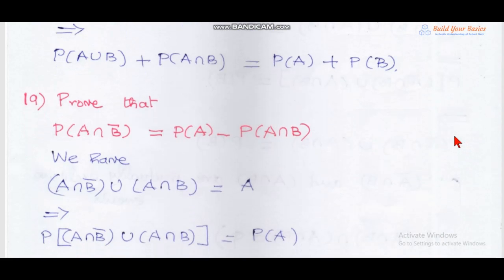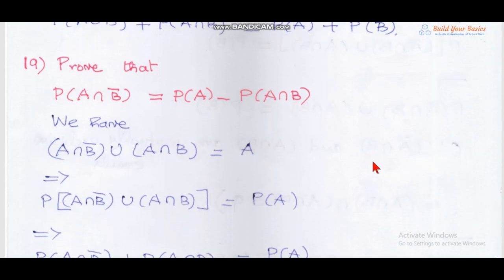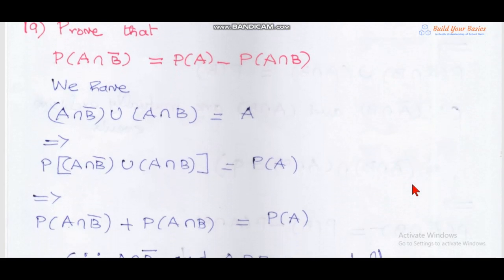Question number 19. Prove that probability of A intersection B bar is equal to probability of A minus probability of A intersection B. We have A intersection B bar union A intersection B equal to A. Therefore, probability of A intersection B bar union A intersection B equal to probability of A. A intersection B bar and A intersection B are mutually exclusive events.